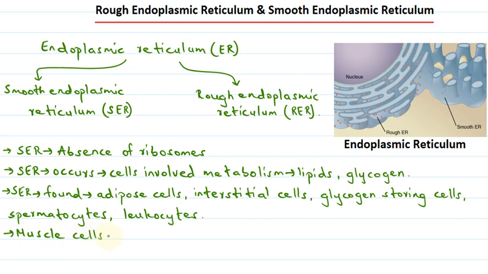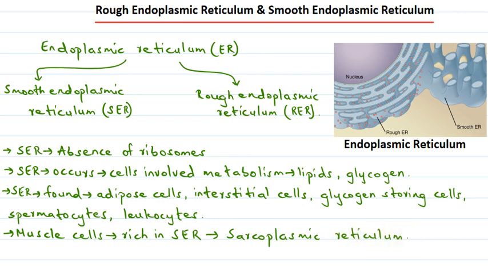Okay, then the muscle cells are rich in smooth endoplasmic reticulum, and so it is called the sarcoplasmic reticulum.